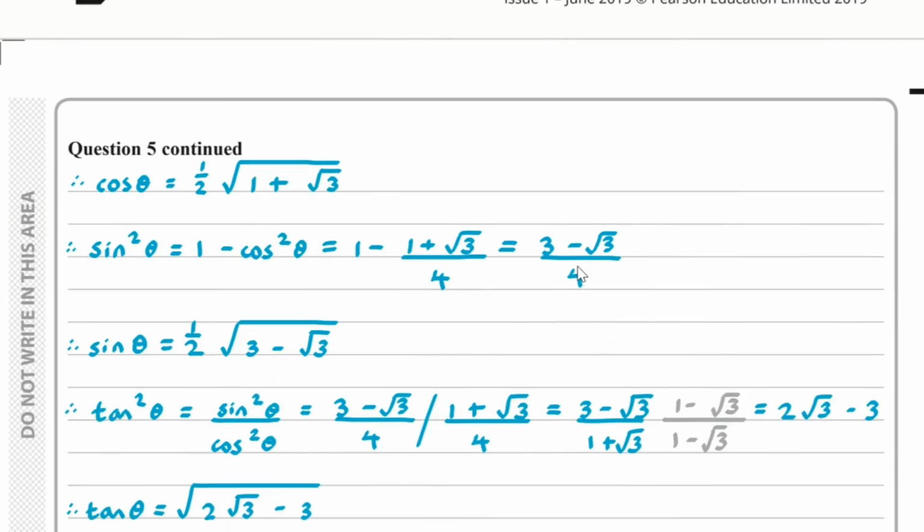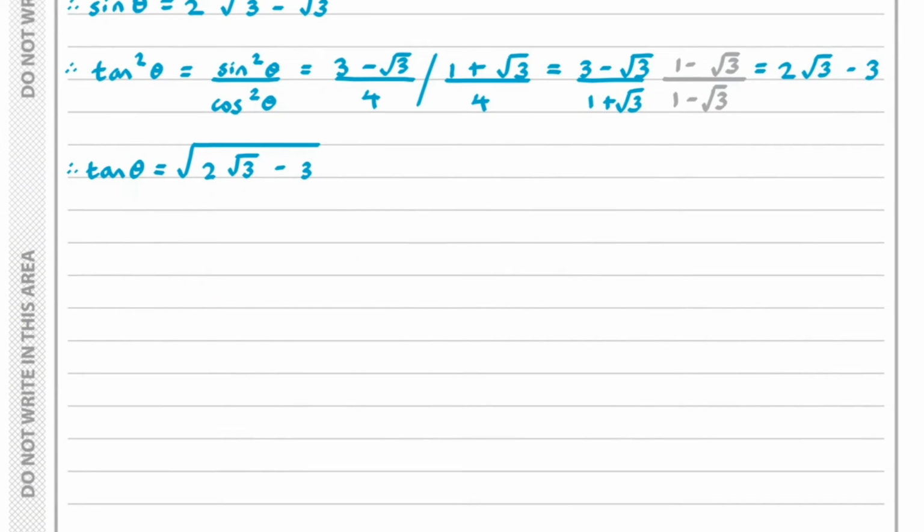So if I were to find out the area, I've got 2 lots of the integral from 0 to theta of 4 cos 2x minus 1 minus tan squared x dx.